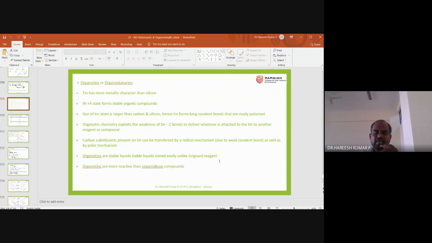Because if we allow air to pass, it itself contains moisture, and then the Grignard reagent destroys itself. That is the problem with the Grignard reagent. That means a Grignard reagent requires an argon atmosphere. Argon means there is no moisture in it.